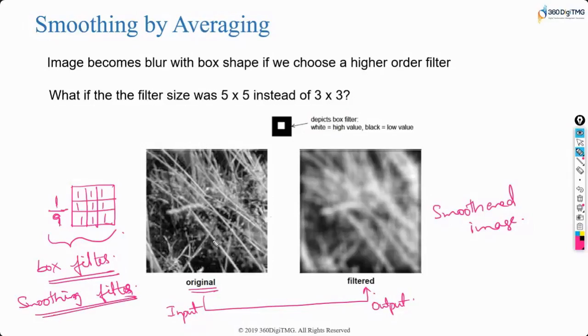And if you keep increasing the size of the filter from say 3 by 3 to 5 by 5, the amount of smoothing increases basically.